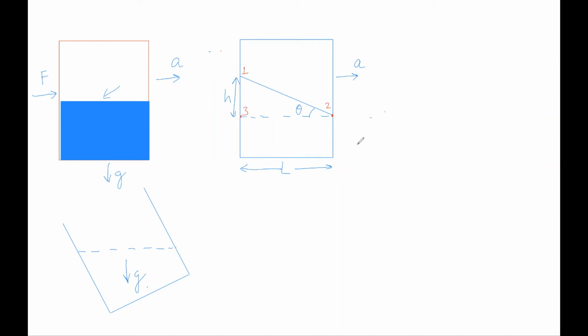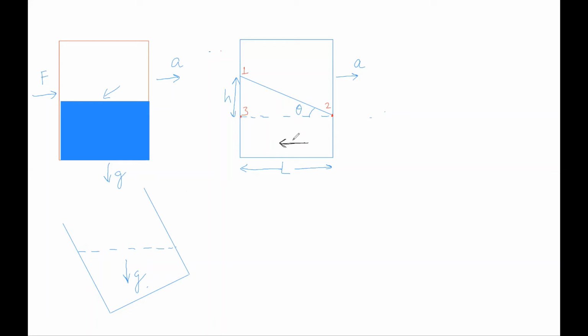First of all, let us try to understand why this inclination has happened. The inclination has happened as a consequence of the fact that the container is being accelerated horizontally. Because of that, a pseudo force is applied on the liquid with respect to the container in the left direction, like this. As a consequence, a pressure difference is created, that is, pressure on the left side is more than the pressure on the right side at the same level.